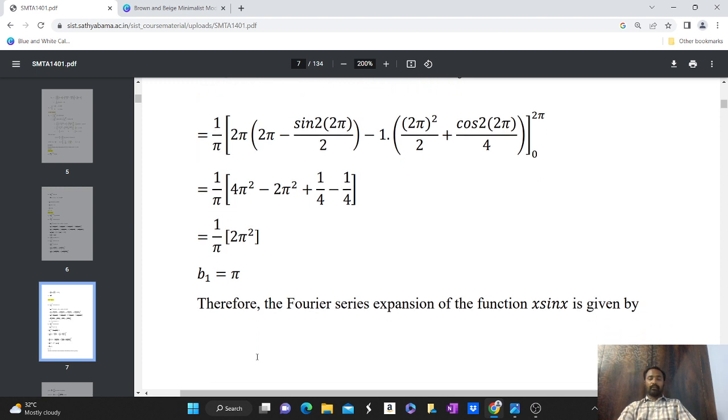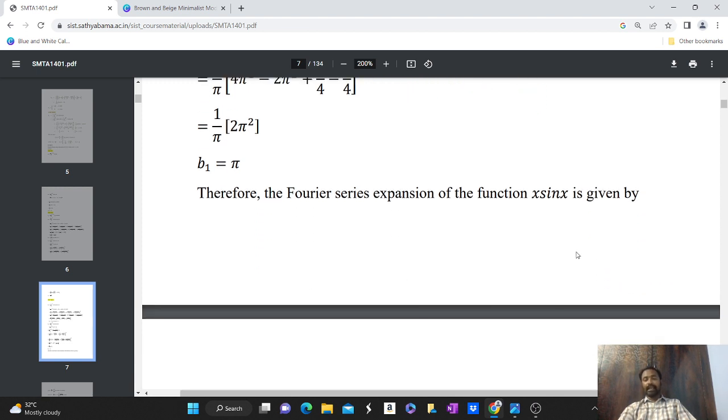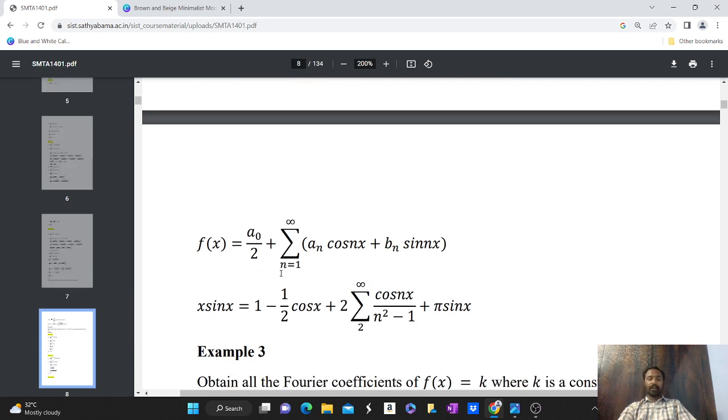Therefore, the Fourier series expansion of the function x sin x is given as f of x equal to, this is the formula, a0 by 2 plus summation n equal to 1 to infinity an cos nx plus bn sin nx. So f of x, x sin x, equals a0 by 2.